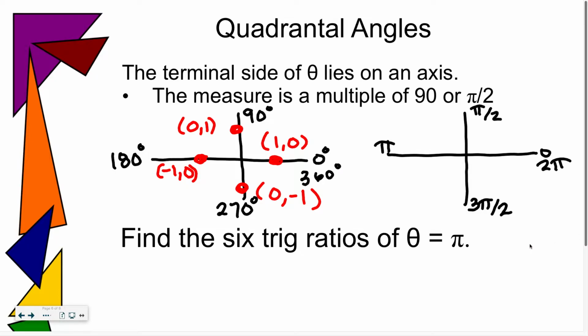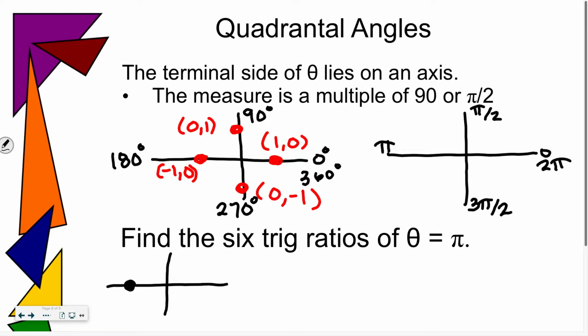We're going to find the 6 trig ratios for theta equals pi. Well, theta equals pi is where? 180. So it's on that left side. I didn't give you a point this time. I didn't tell you -4, 0.